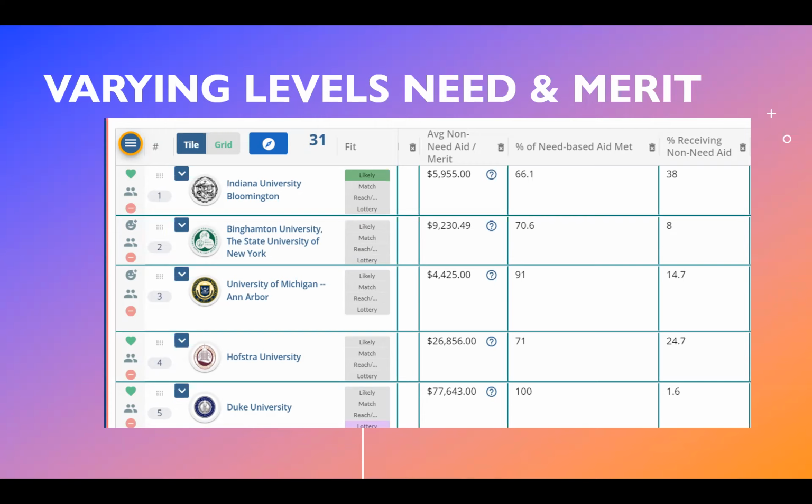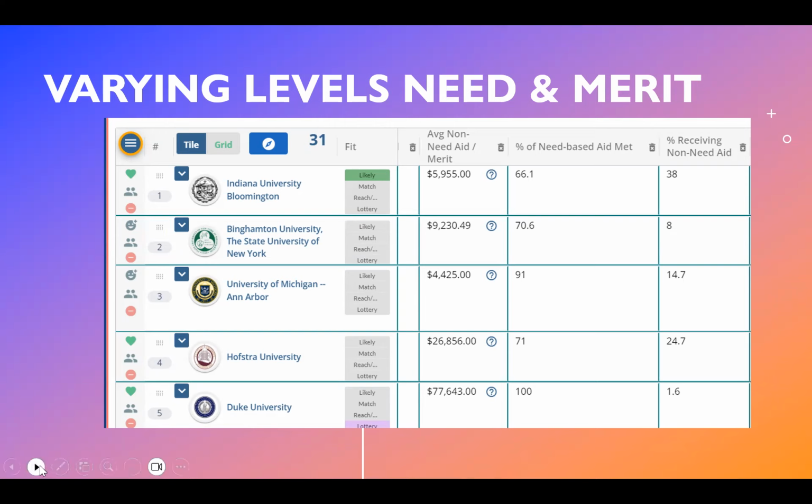So even Michigan, 14.7% of students getting merit money, the average student is really not going to be getting that, even if they have amazing talents artistically, fine arts, music, not really where the money is going to be going.